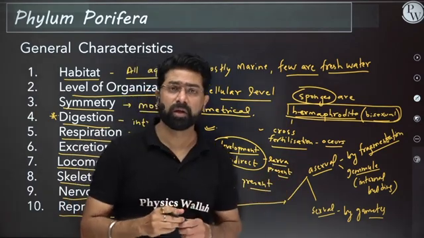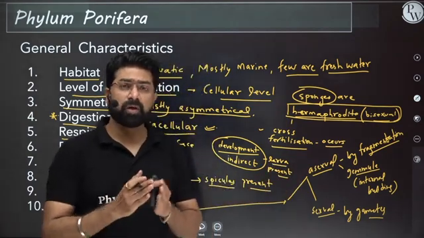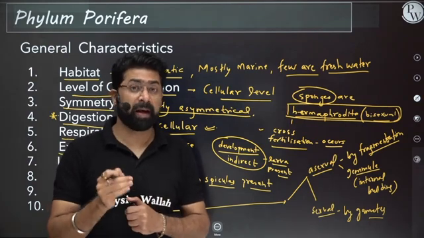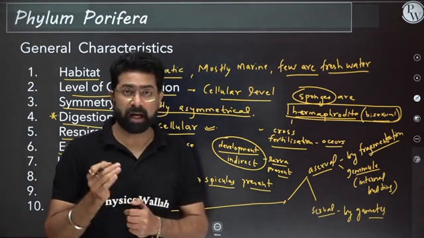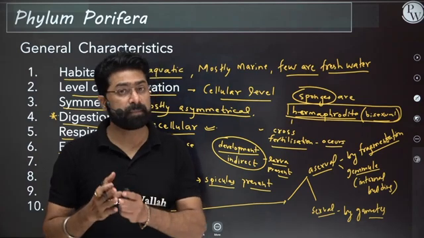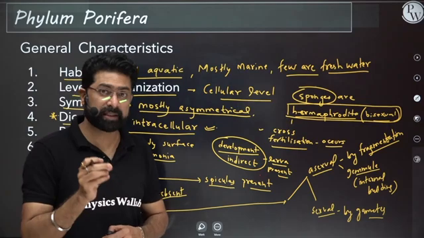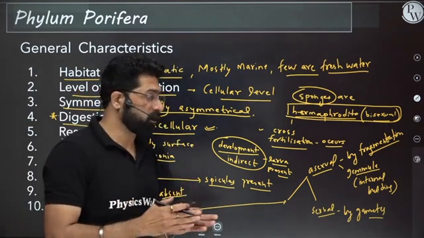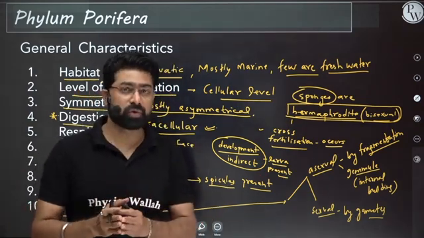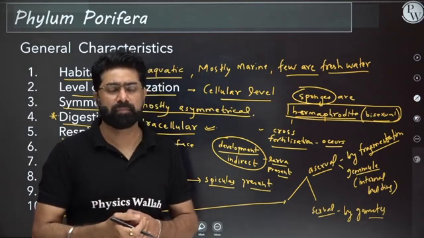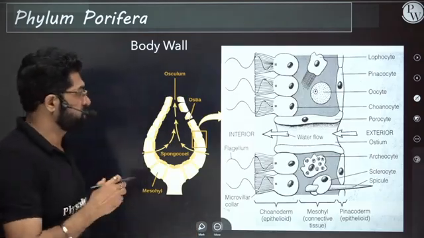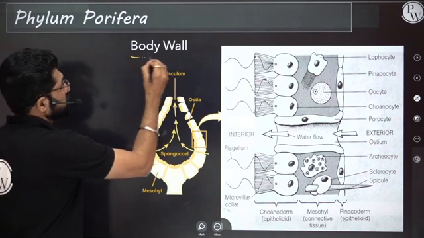For example, the larva of Leucosolenia is parenchymula, and the larva of Sycon is amphiblastula. Please write it down. So let's continue further with the very important structure.